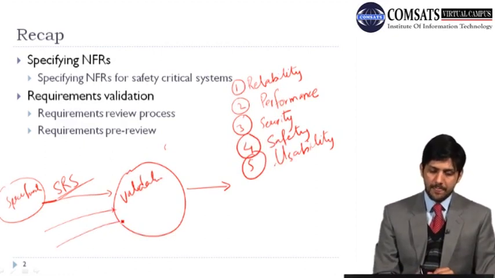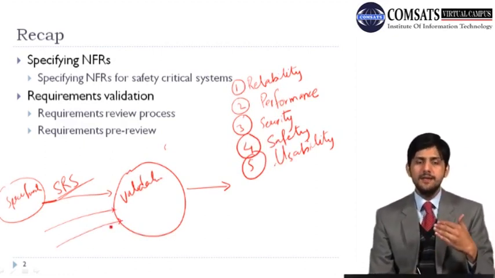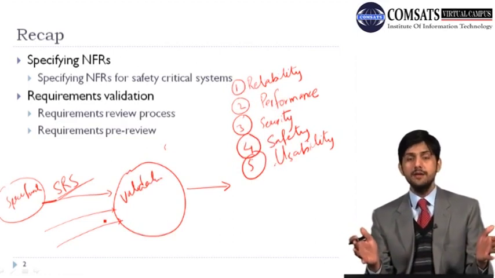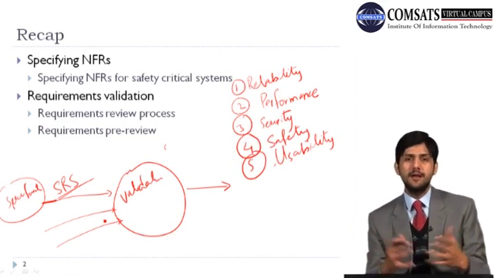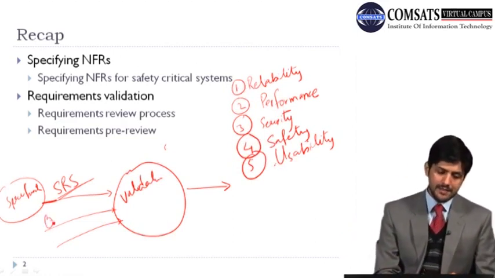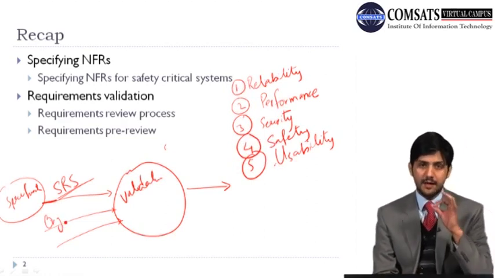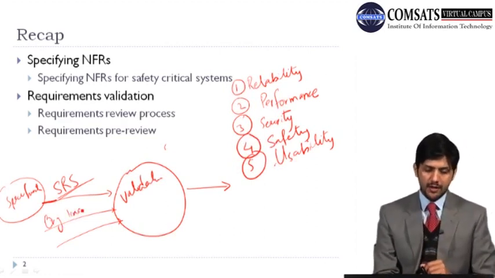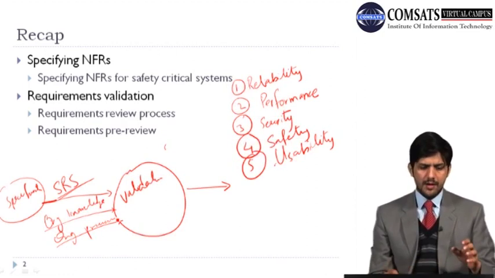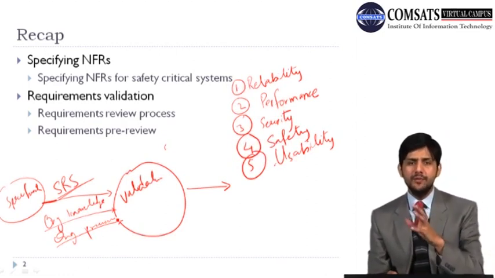At times these inputs may be written, or this knowledge can be implicit and not explicitly written. What are these other two inputs? One is the organization knowledge, and the other is organizational processes. So these are the three inputs to validation.